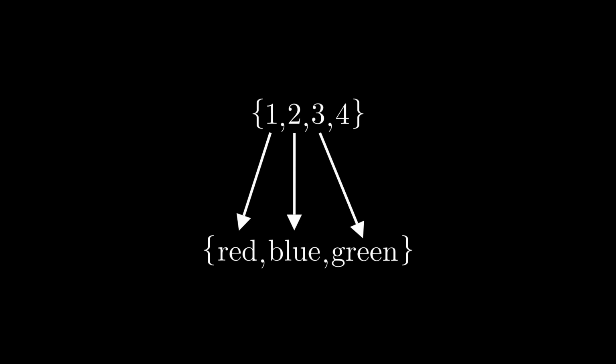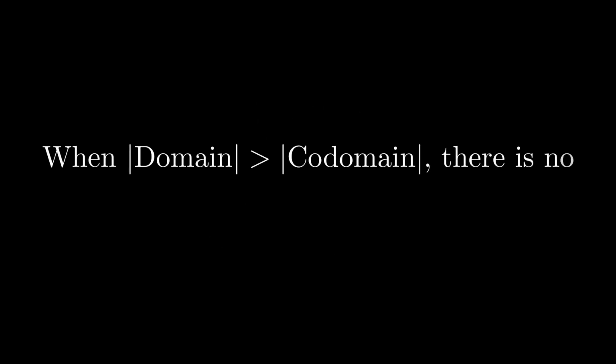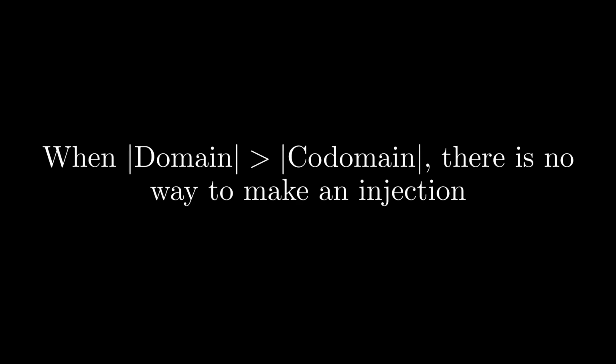Any element we map 4 to will make the function not injective, since 4 and some other number will map to the same element. So as you can see, when the cardinality of the domain is larger than the cardinality of the codomain, there aren't enough elements in the codomain for each element of our domain to get its own unique element in the codomain. This concept is known as the pigeonhole principle.